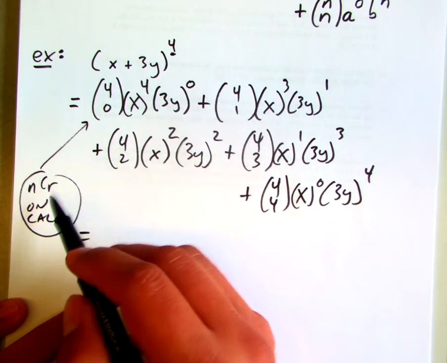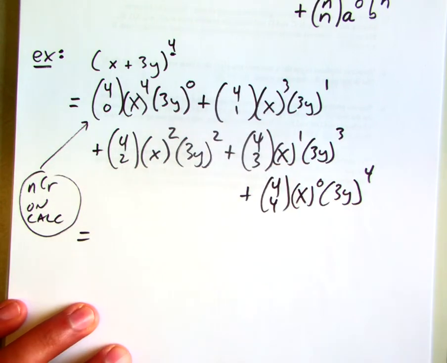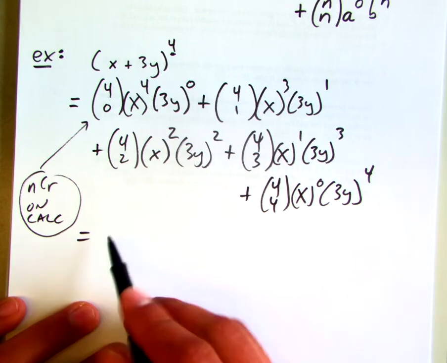You do 4 nCr 0, 4 nCr 1 if you needed to do it on the calculator. Math, probability, nCr. I know that was a while ago, but once you do it once, you'll be good for the unit, I think.